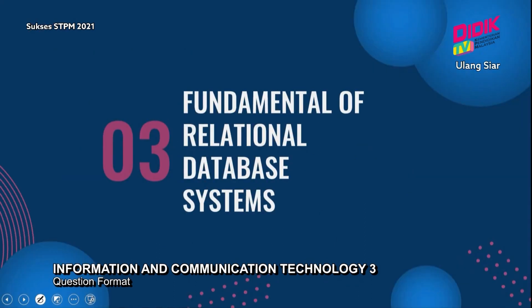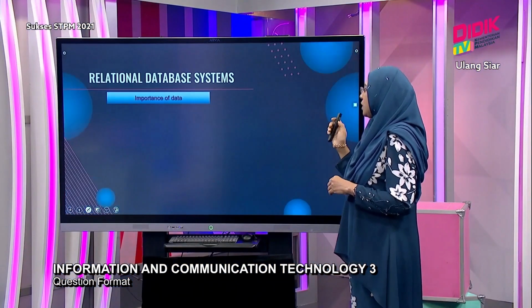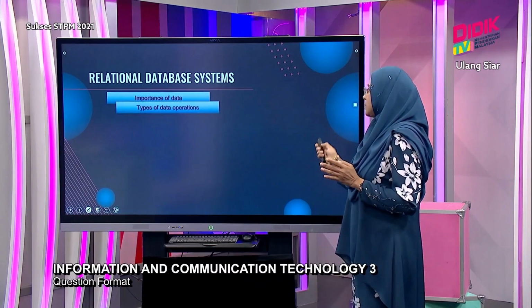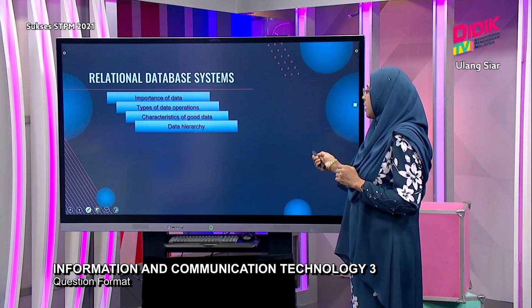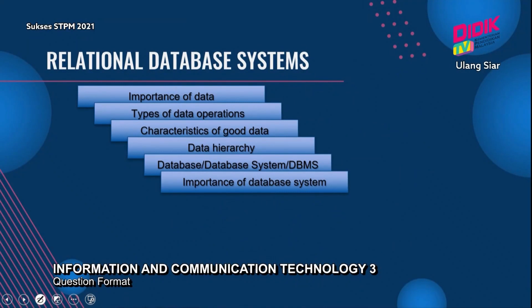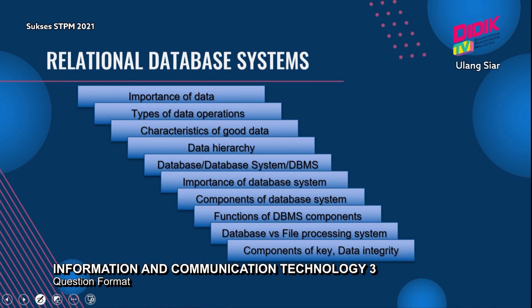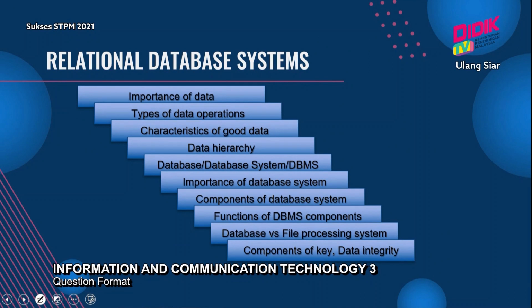We move on to chapter 3, fundamentals of relational database system. Here you learn all about data: the importance of data, types of data operation, characteristics of data, data hierarchy, database system, DBMS, importance of database system, components of database system, functions of database components, database versus file processing system, and components of key and data integrity.